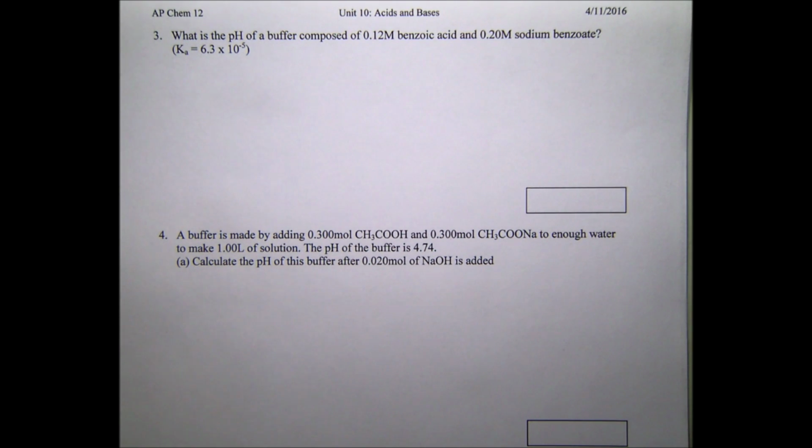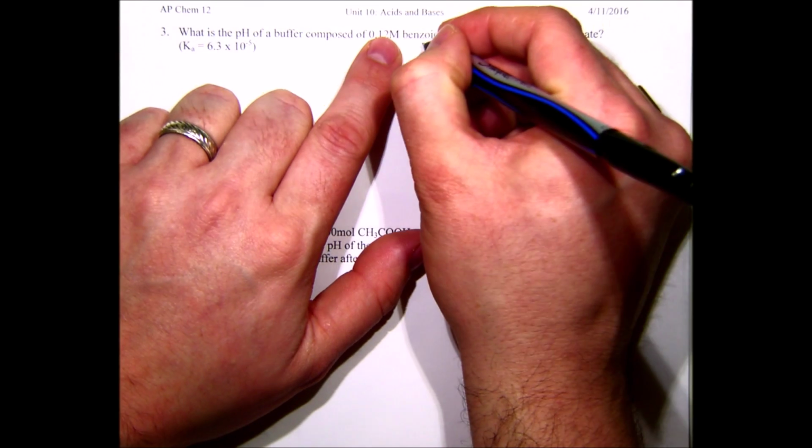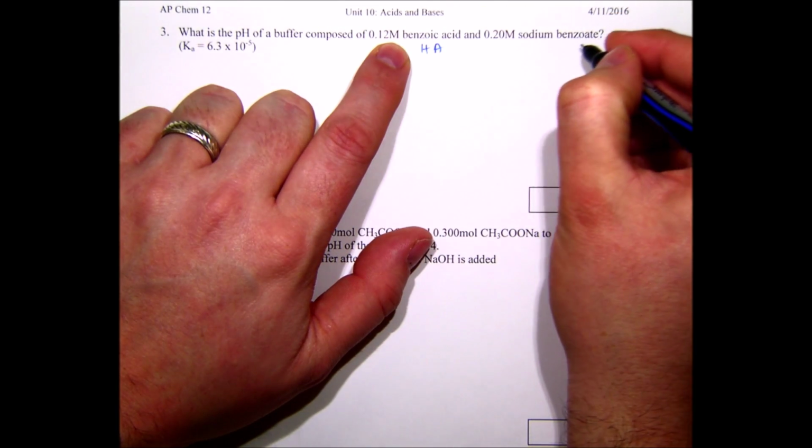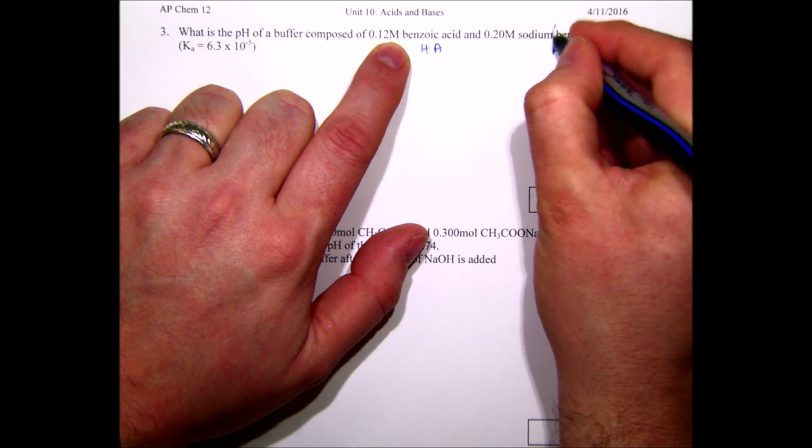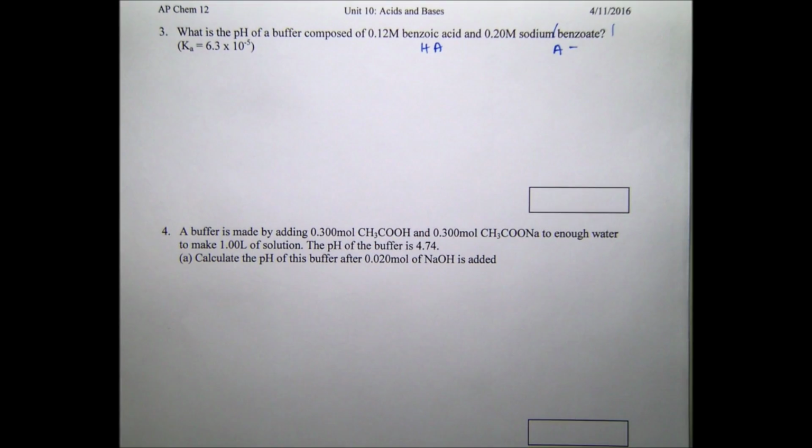So in this problem, we're looking at determining the pH of a buffer, and then we have benzoic acid and sodium benzoate. So essentially, we can simplify this to make the acid HA and the benzoate A minus.